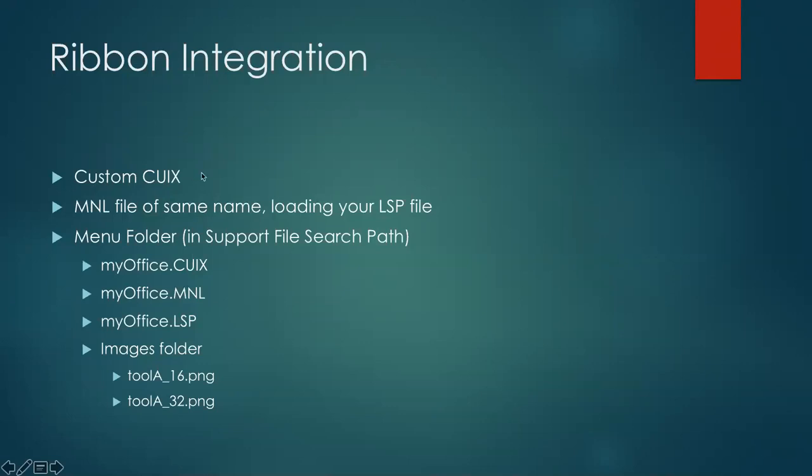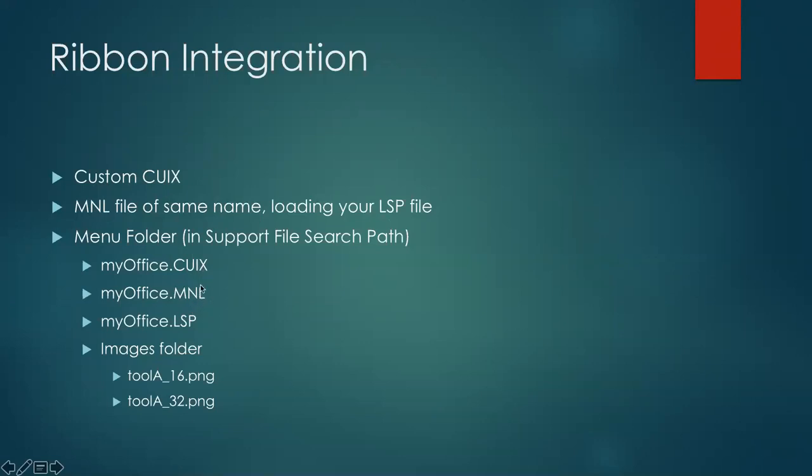I'm going to have a custom CUI file, and then an MNL file of the same exact name. Interestingly, I don't specify that in the CUI. All I do is name the MNL file exactly the same as the CUI file. And all that is Lisp; MNL actually stands for menu Lisp.